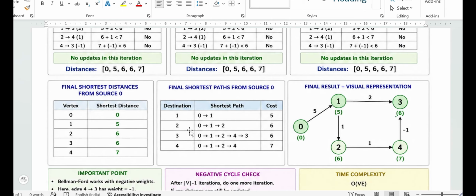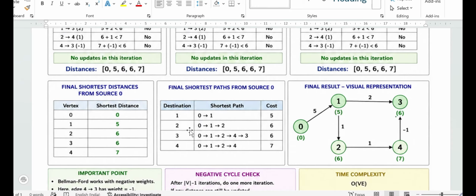Clear? To destination 1, 0 to 1 the cost is 5. 0 to 1, 1 to 2 the cost is 6. 0 to 1, 1 to 2, 2 to 4, 4 to 3 the cost is 6, right? Many possibilities are there to reach 3, but we choose this path because this is the shortest distance.